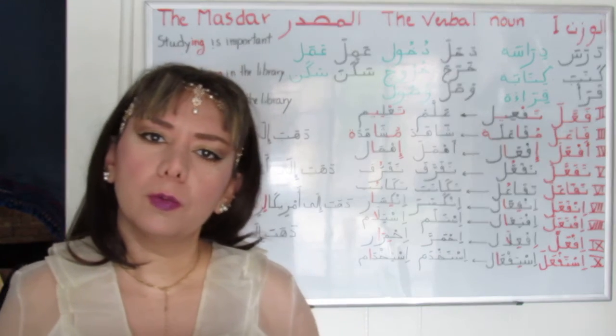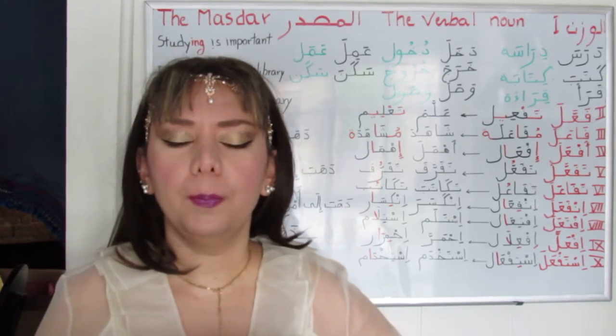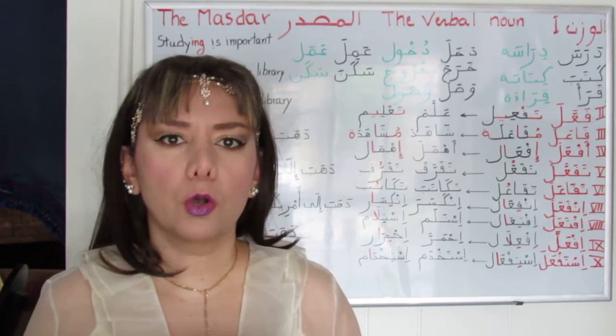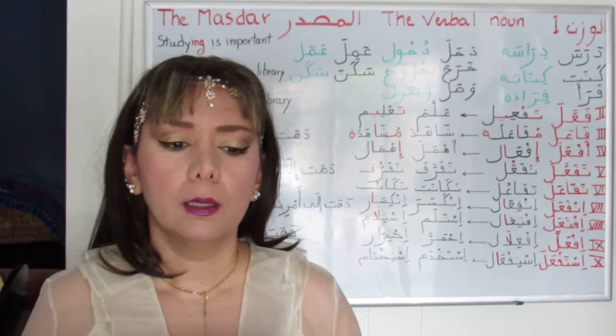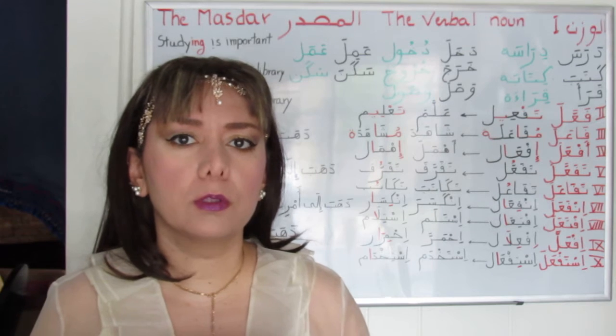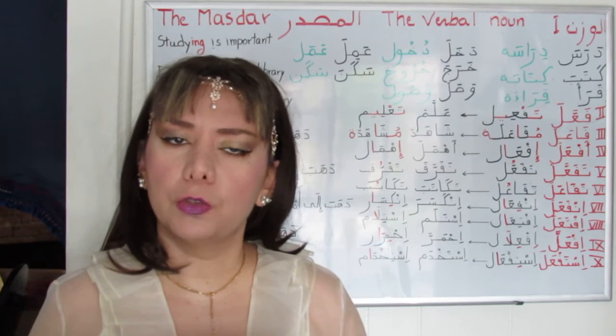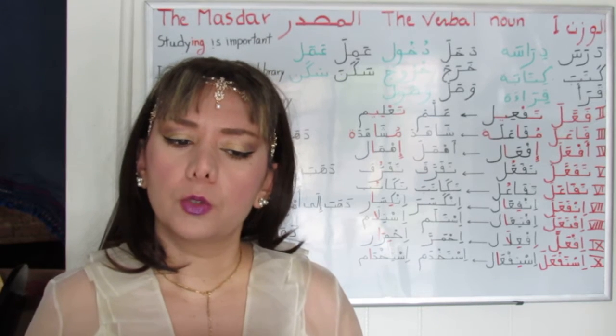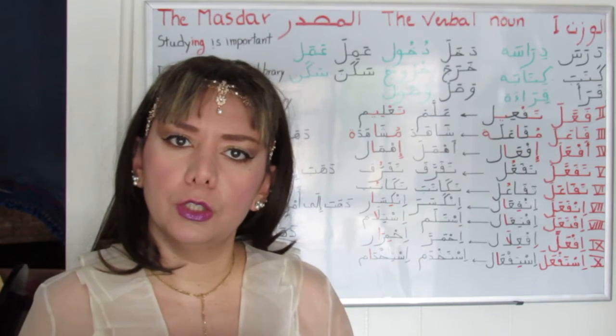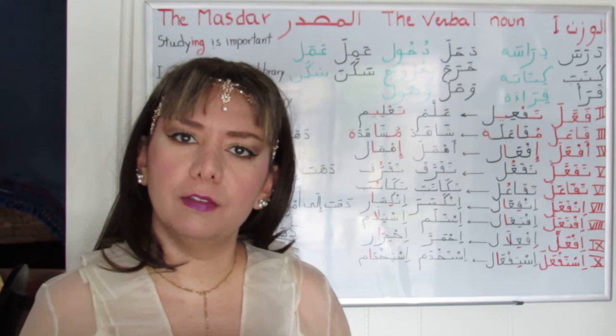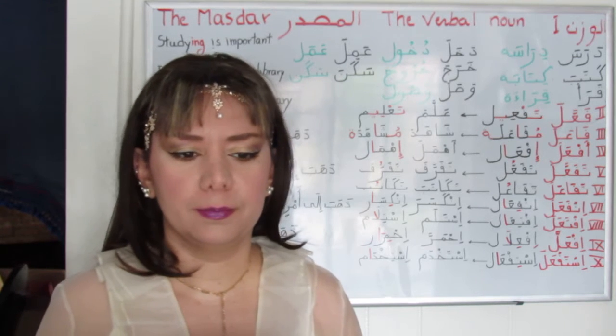So the Arabic verbal noun implies the meaning of the source of a verb and is a very important derivative in Arabic. It is a noun derived from a verb to refer to the action or the activity implied in it.